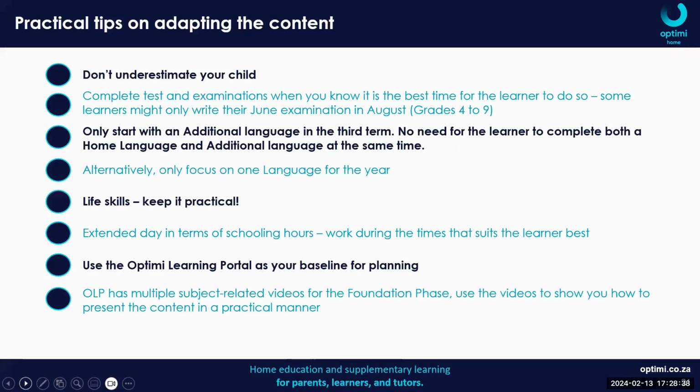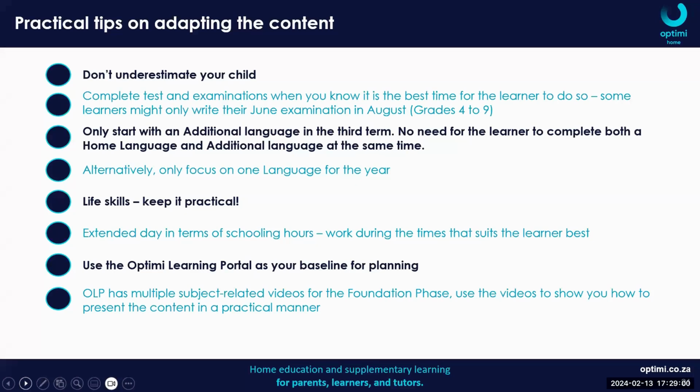One of the other suggestions we have specifically in terms of languages could be to start with an additional language in the third term, so that you don't do both of the languages simultaneously. Obviously, in terms of tests and exams, this needs to be kept in mind, because we release tests and exams at a particular time throughout the year.